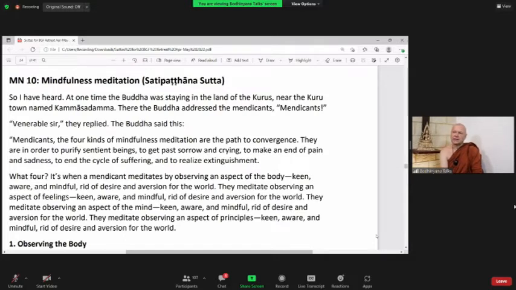And one of the things about the Satipatthana Sutta which is particularly fascinating is when you compare the different versions of the Satipatthana Sutta. By different versions, I mean the sutta belonging to different schools of Buddhism. Just to give you a little bit of background so you can understand what I'm talking about.